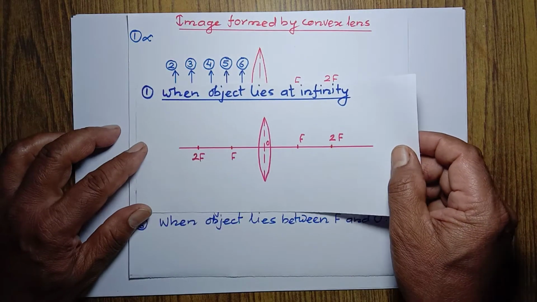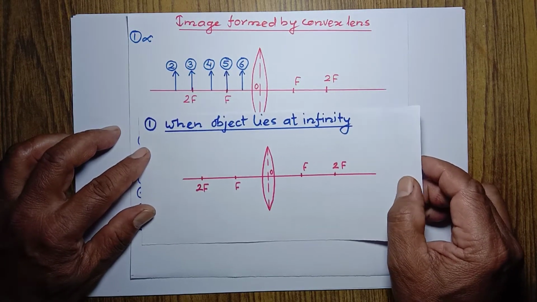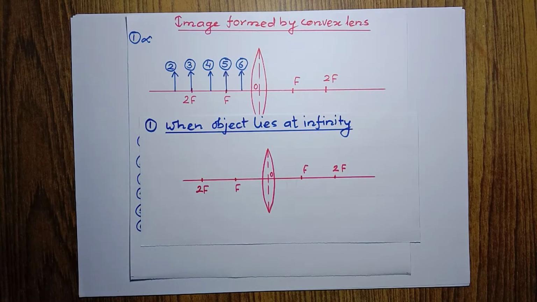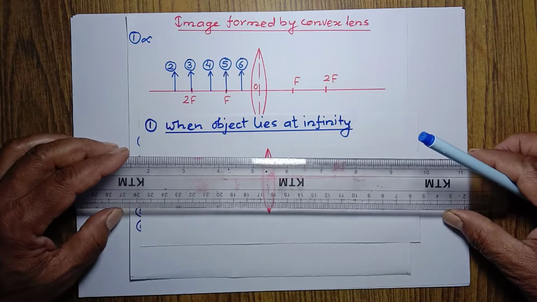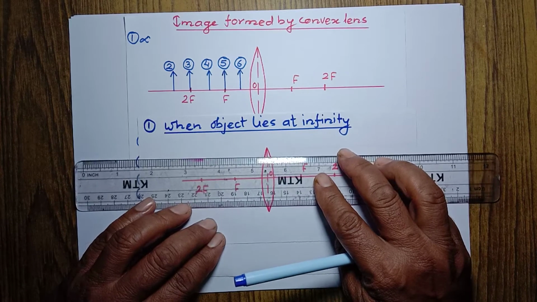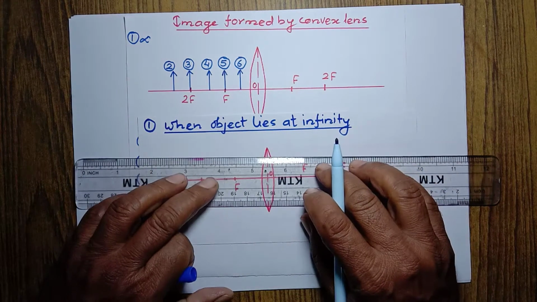Now let's start with the first one. When the object lies at infinity, what does it mean? If the object is at infinity, then we cannot show the object on this paper. We have to imagine that these 2 rays of light are coming from the object.